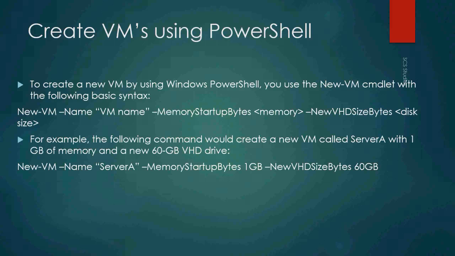For example, I have created one server with the following information: New-VM -Name ServerA, -MemoryStartupBytes 1GB and -NewVHDSizeBytes 60GB, and click on the Enter button. It will automatically create a new server with the default location specified in Hyper-V.